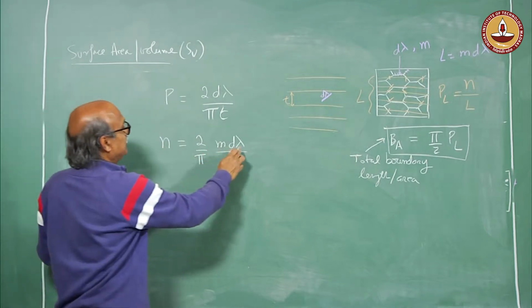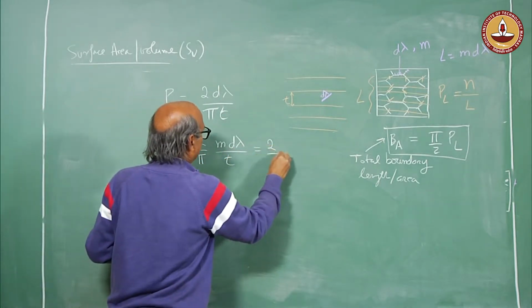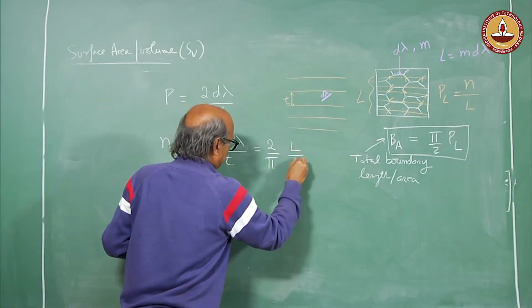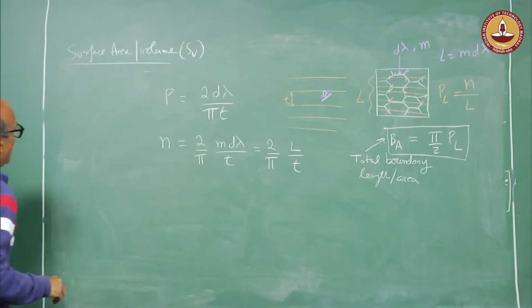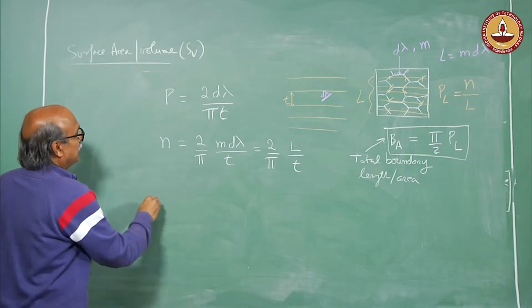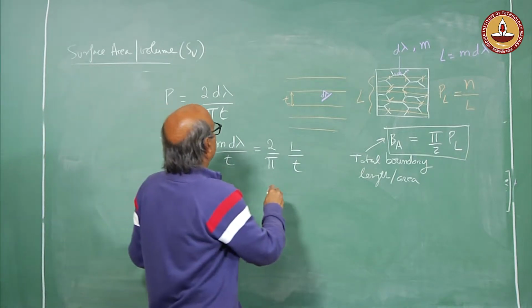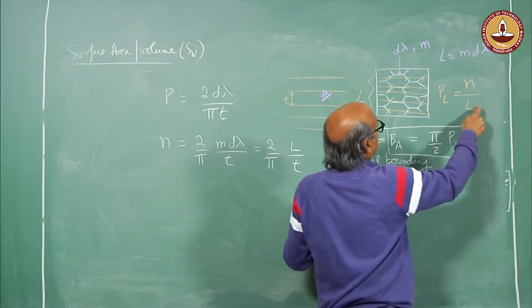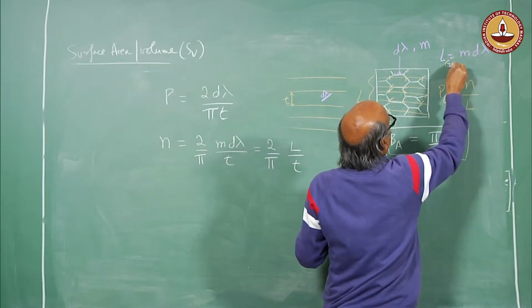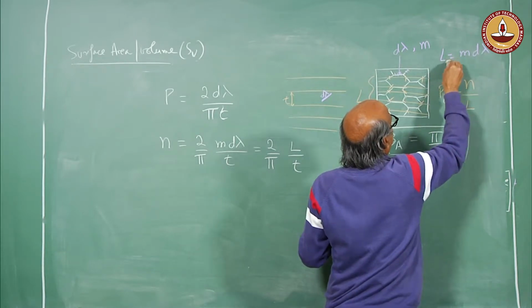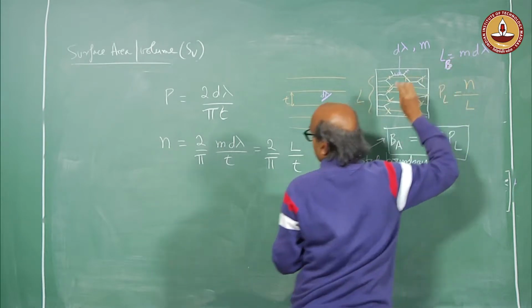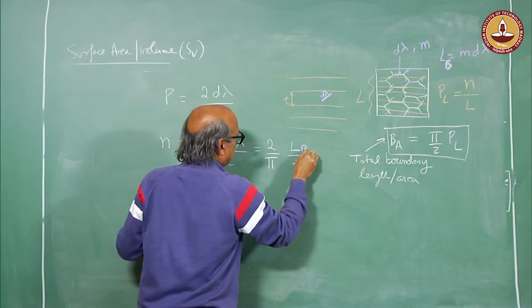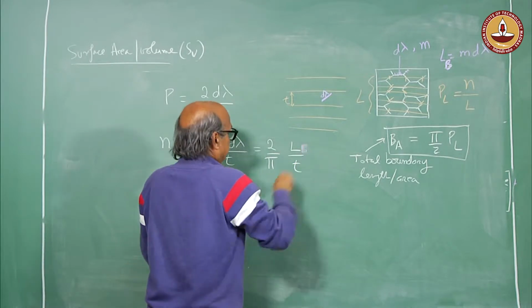Now, m times d lambda is simply L. This is the expected number of intersections. Let me call this L sub b to represent that these are boundaries. So, here also it will be L sub b.